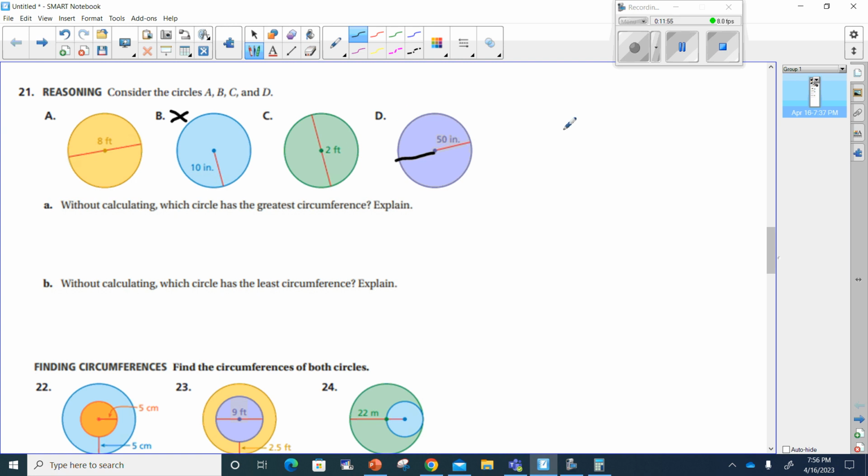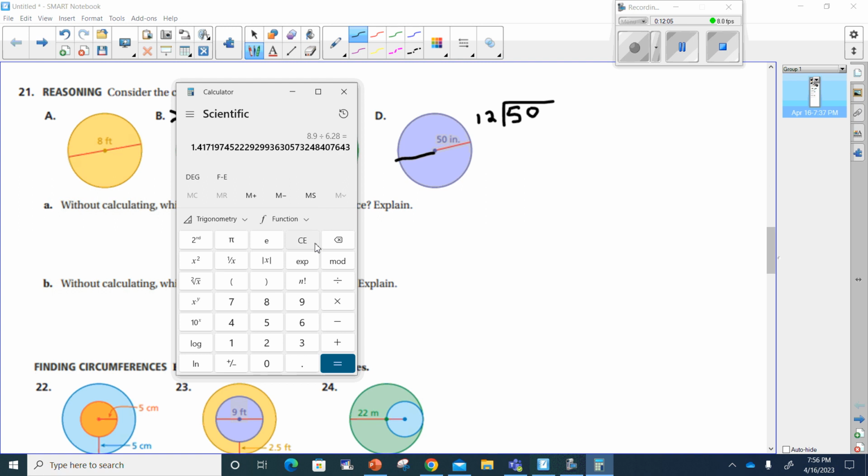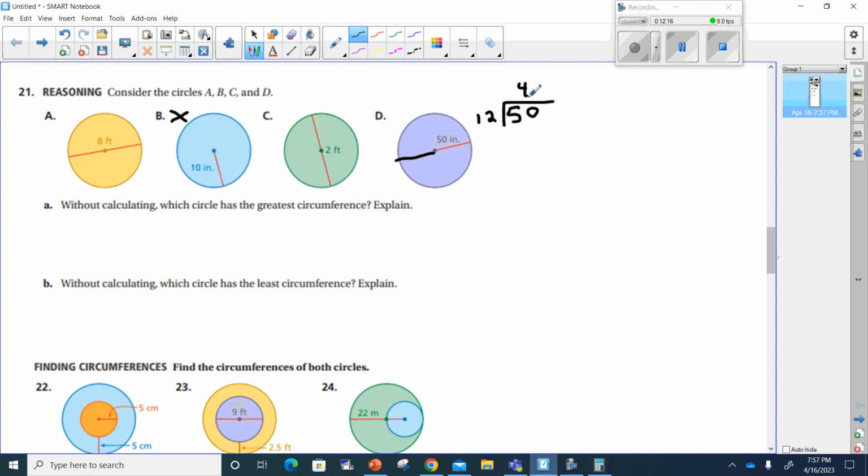I know that there is 12 inches in a foot, so I can take 50 and divide it by 12 to find out how many feet that would be. So let's do that. 50 divided by 12 is going to give me 4.16 repeating, and that's in feet, remember. So 8 feet is going to be bigger. Oh, wow, I forgot. This is going to be 100 across, isn't it? So we can double this. Yeah, let's do it the right way.